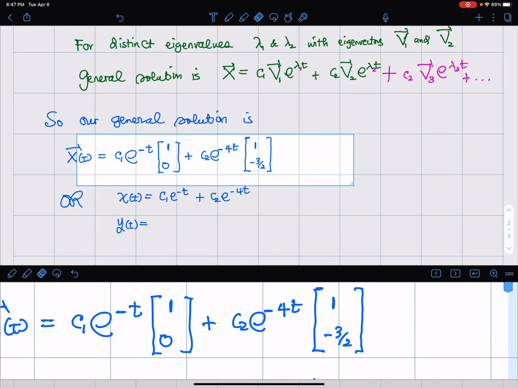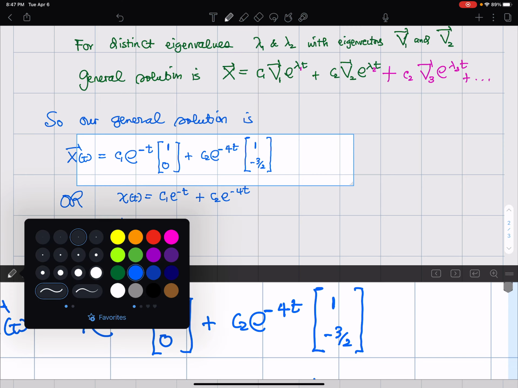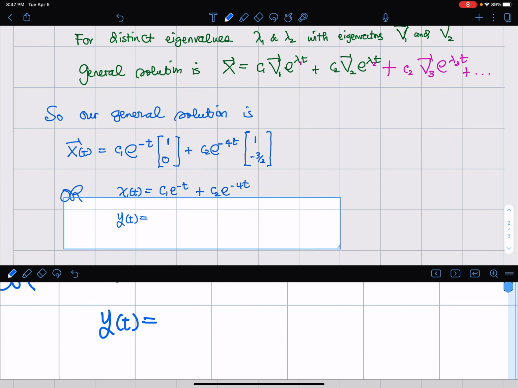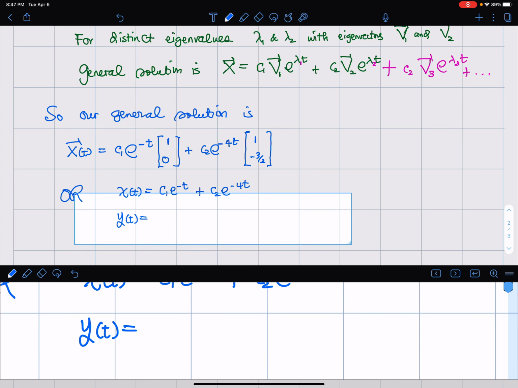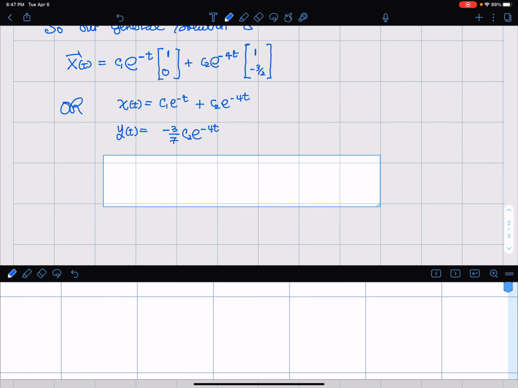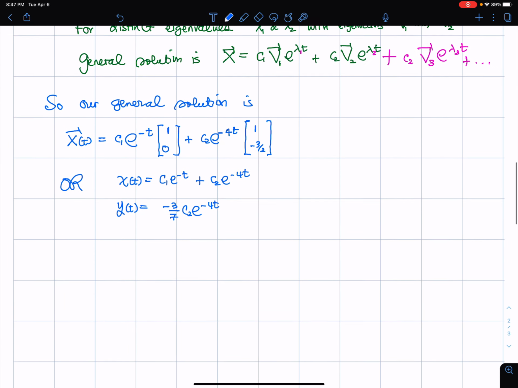So you see what I'm doing here? The first component of y is 0. The second component is going to be negative 3 over 7 C2 e to the negative 4t. So you can see this as the two solutions.